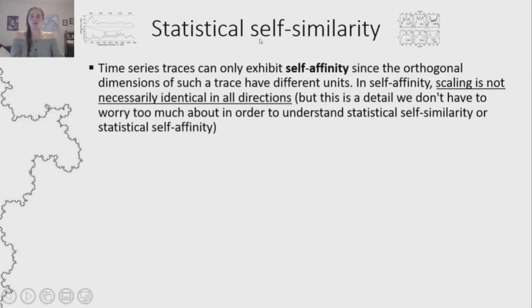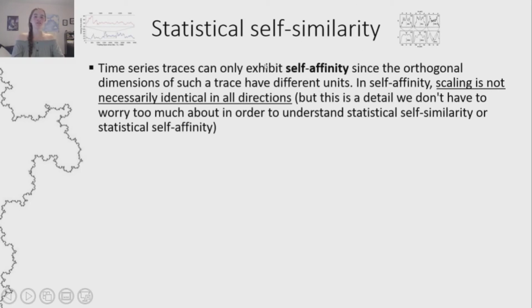All right, so statistical self-similarity. Time series traces can only exhibit self-affinity since the orthogonal dimensions of such a trace have different units. This is why we can't say that time series are exactly self-similar. We can't even say that they're statistically self-similar.